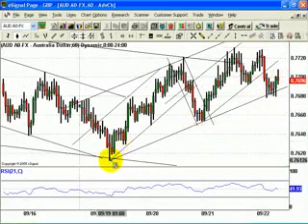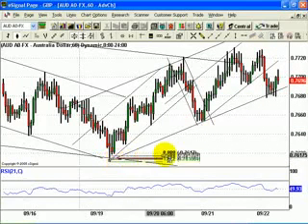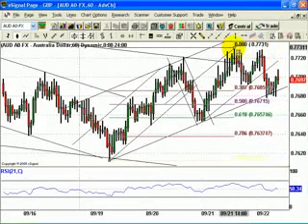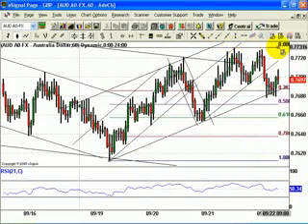If we also took a measurement from this point here to this point here, we would find that would be the 0.382 retracement. So we have 2 points giving support at this area here.